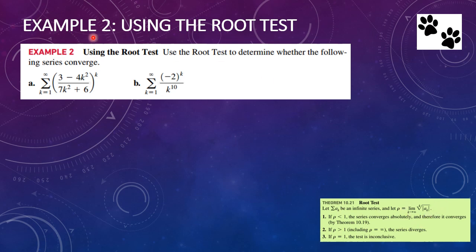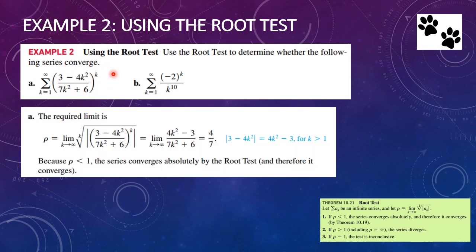All right, so here a sub k is this whole formula inside raised to the power of k. If we apply the limit as k goes to infinity of the kth root of the absolute value of this function, notice that we lose this power of k on the function and just get the base of that exponential.